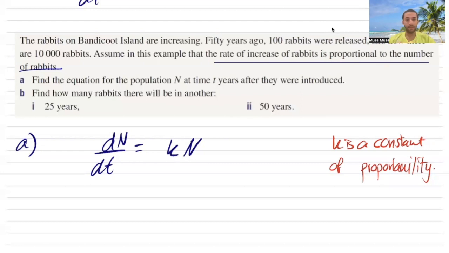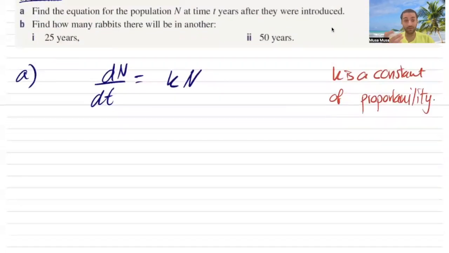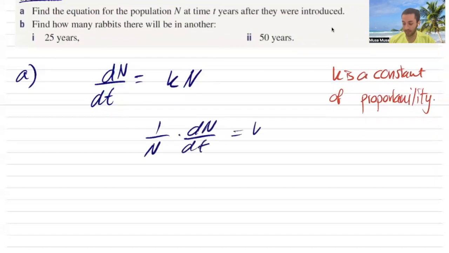Now, let's solve. If you want to solve this equation using our differential forms, the n represents sort of like the y's in all of the equations before, and t is like the x in the equations before. So I'm thinking making this 1 on n dn dt equals k, and then integrating both sides with respect to t.